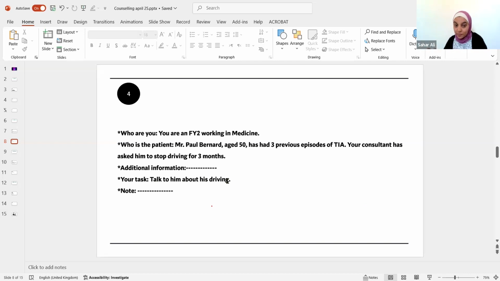Asking about what happened previously, during the attack, after and before, and what you were doing, there's no need in this particular situation. Your task is talking about driving.